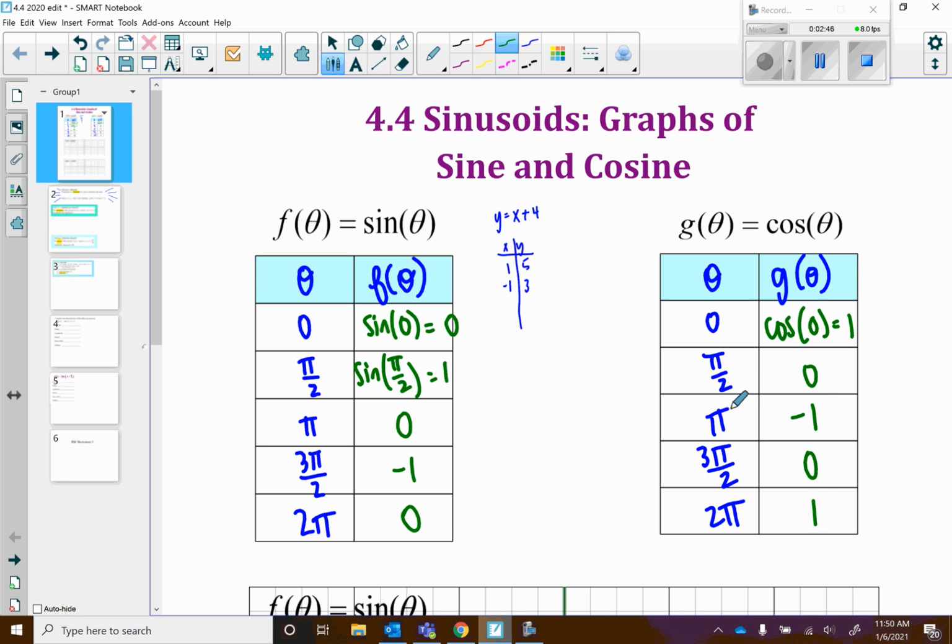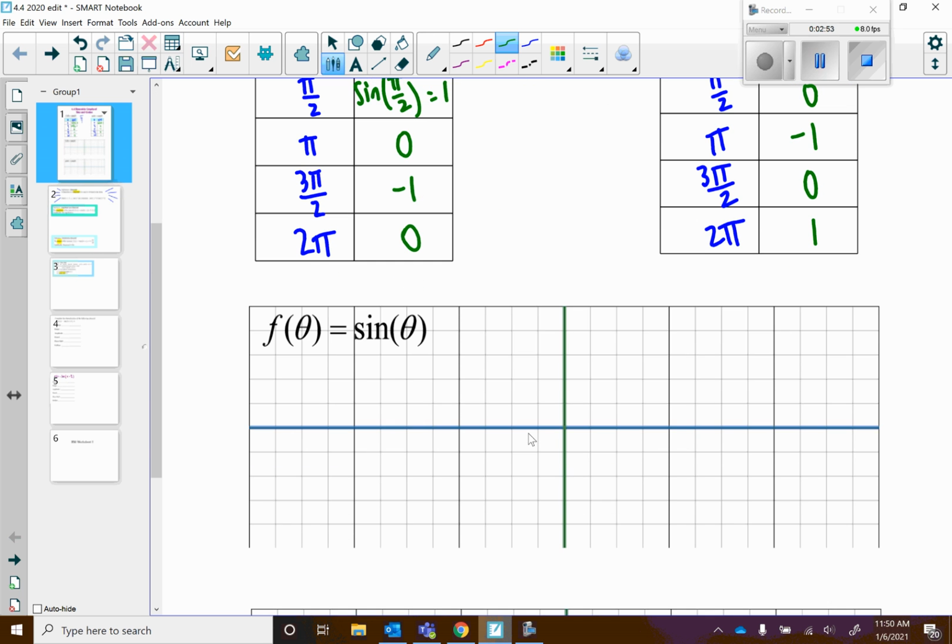So now we actually have a bunch of points that we can plot on these graphs. Before we get to actually graphing these, we do have to get our x and y axes squared away. So we know that this is our x values, or in this case, theta, and this is f of theta, otherwise known as, in this case, sine.